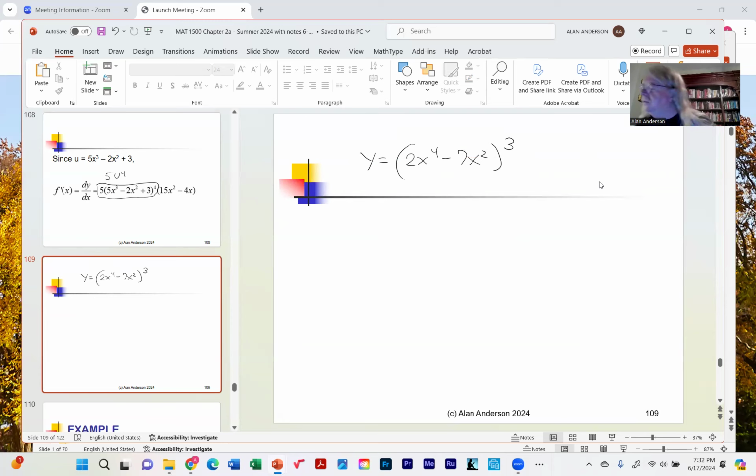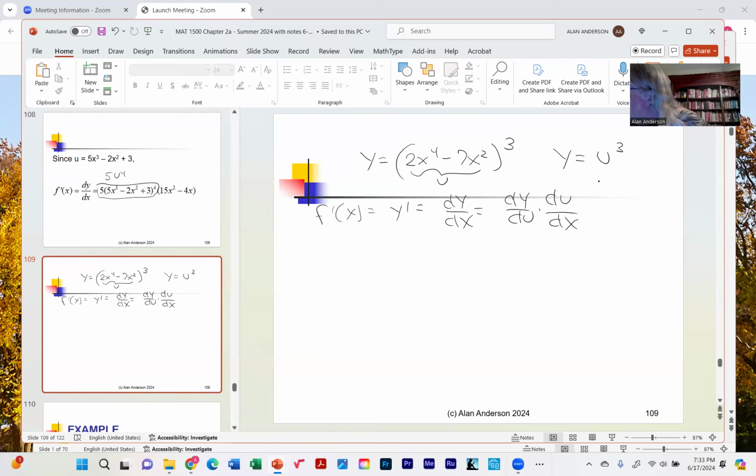So how do we do that? All right, well, remember the way this works. Let's choose a u. In this case, let's choose this expression as u, so that y is now u to the third power. So how do we find the derivative? Before you do anything else, figure out the values of dy/du and du/dx. dy/du is very straightforward.